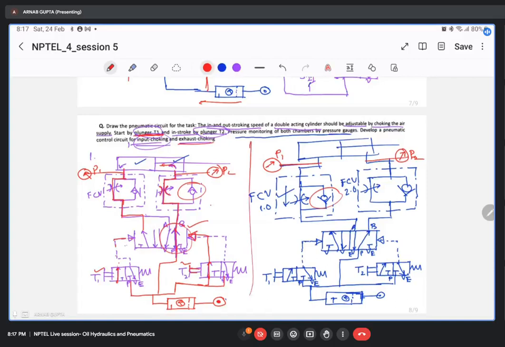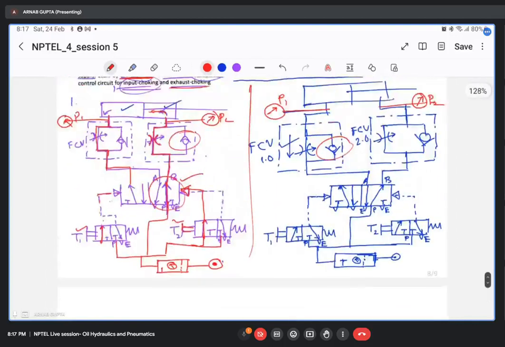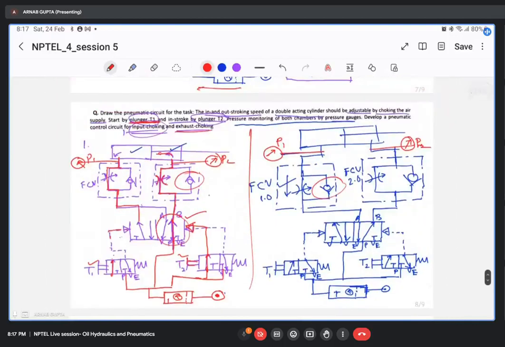Okay, so this was the circuit. I hope that you had understood this. If there is any doubt, you can ask me now, or you can also ask in the NPTEL portal. Yeah. So, do you have any doubts? Anyone?